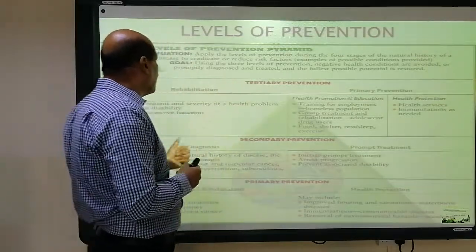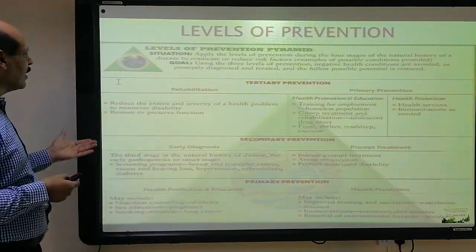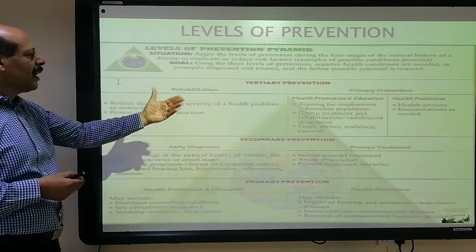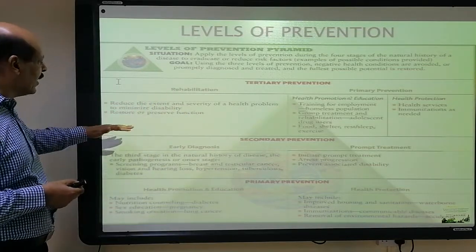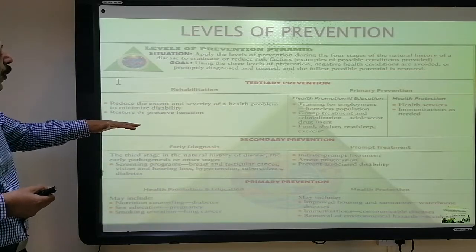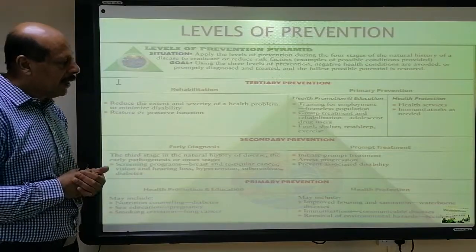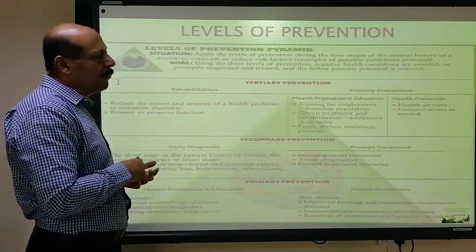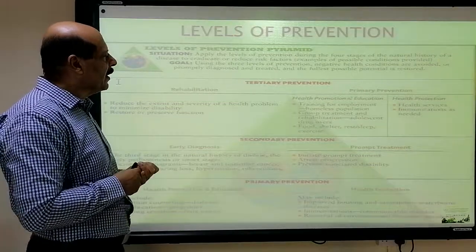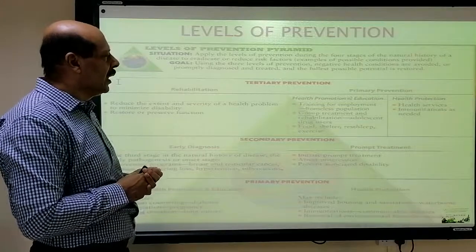The tertiary prevention is rehabilitation after getting the disease, to reduce the extent and severity of the health problem, minimize the disability, restore the function of the body, and minimize the effect of the disease on the person's ability to perform his work.